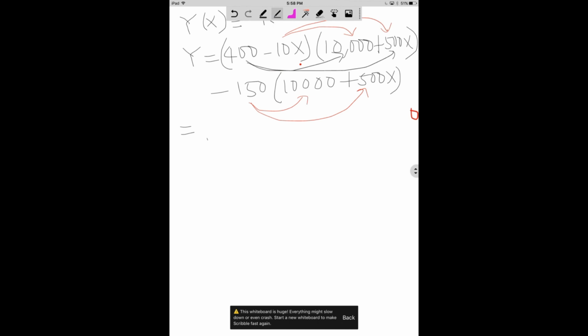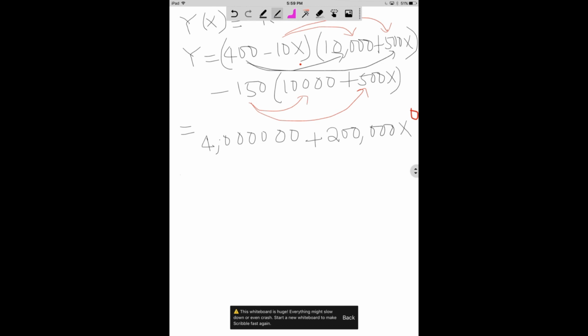So 400 times 10,000 is 4 million, 4 and 6 zeros. Then plus 400 times 500x. 4 times 5 is 20, then 4 zeros, that is 200,000x.